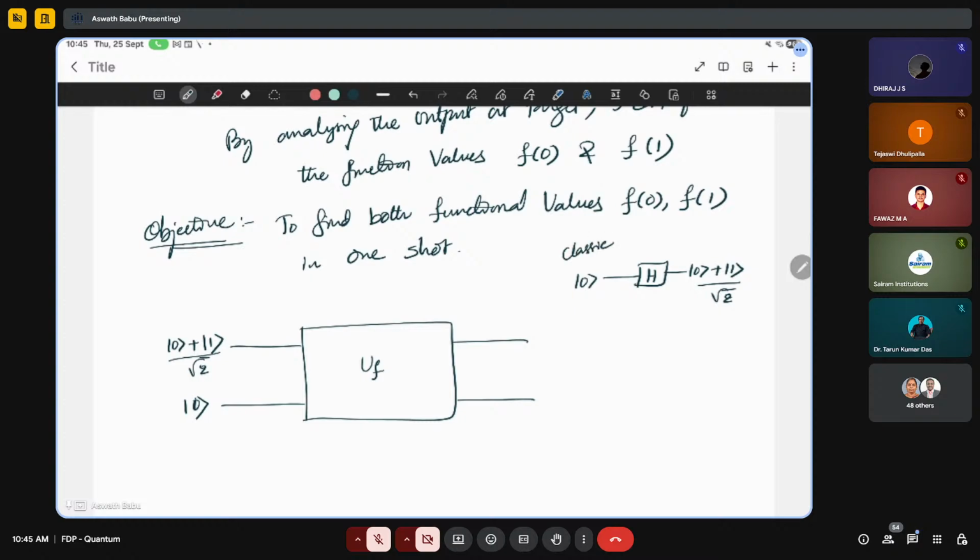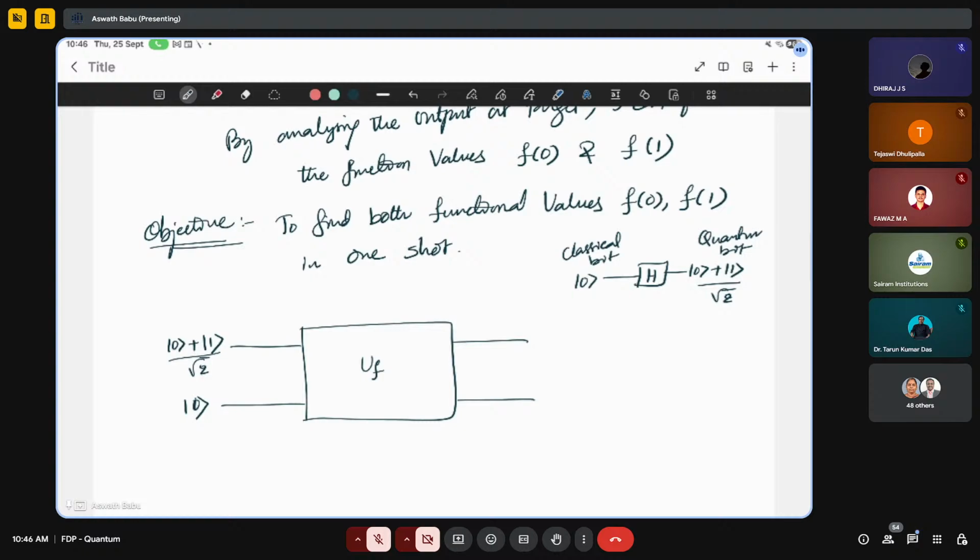A classical bit converted to a quantum bit, it's a qubit, a superposition state. Okay, so that is something very good which I was expecting. Now what happens if I send a superposition to control?